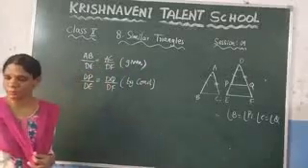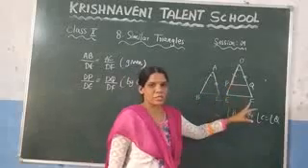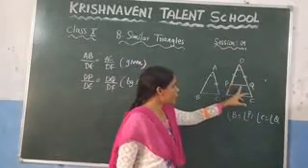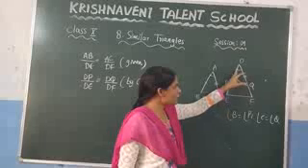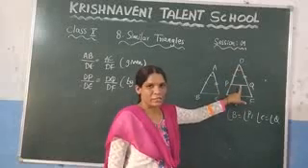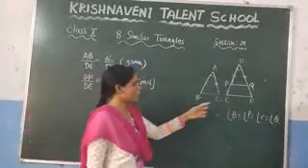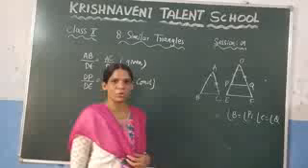And you know that according to the Thales theorem, if a line is drawn such that the two sides are proportional, then the third side is parallel to the given side, this side, right? So by the Thales theorem, what we can write here? We can write here PQ is parallel to EF.